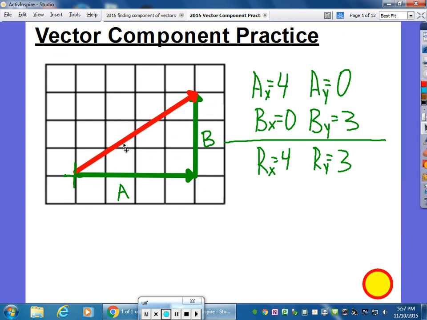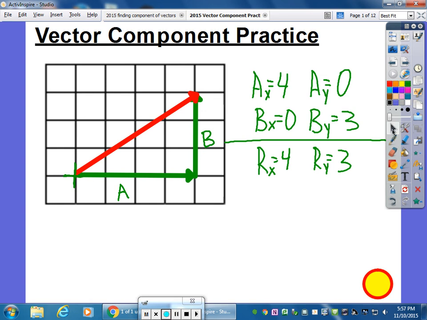This vector will start here, it will rise 1, 2, 3, and it will run 4, just like it says here. So in terms of the Y, it's up 3, X is over 4, and this is what the resultant vector will look like.